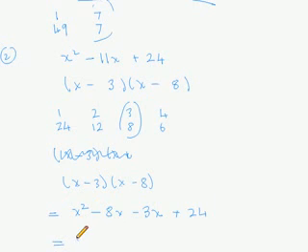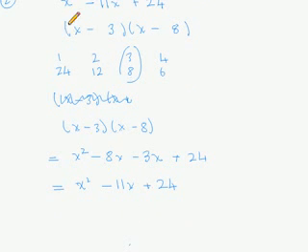This equals x squared minus 8 minus 3, which is minus 11x, plus 24. We end up with the function that we started with up there. So that's an example of how you solve when you have a minus and a plus sign.